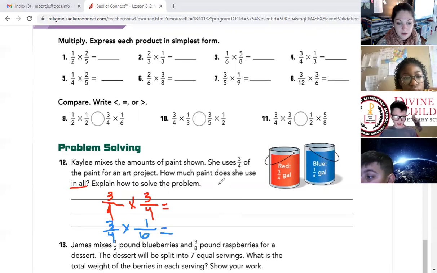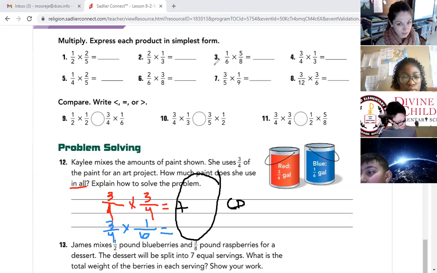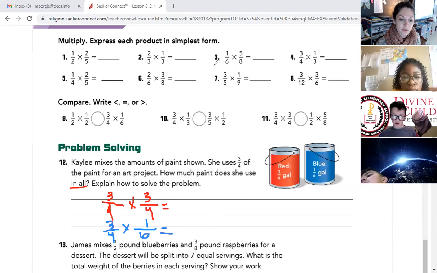And then you're going to combine them. How do you combine them? With addition, right? What do you need to add fractions? Common denominators, right? So it's not going away. We're going to keep revisiting common denominators. You're going to get a little taste of it here on number 12.